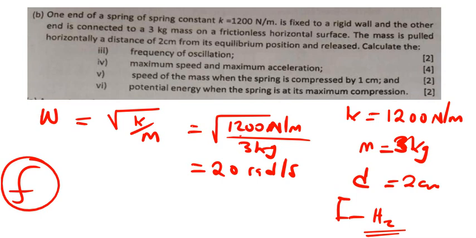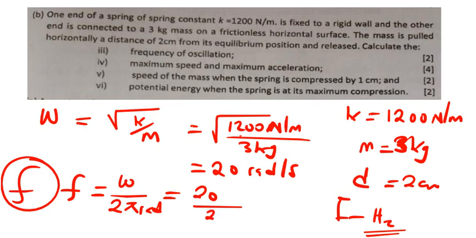Now that we found the angular frequency, we can also find the ordinary frequency. Because we've already found the angular frequency, the ordinary frequency will be the angular frequency divided by 2 pi. So it is 20 radians per second over 2 pi.